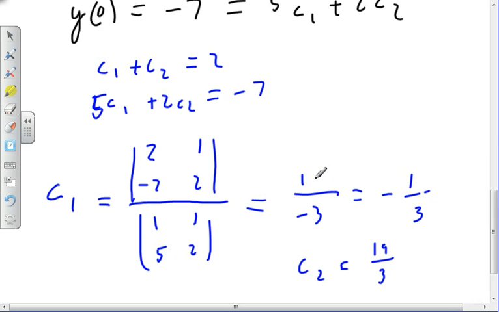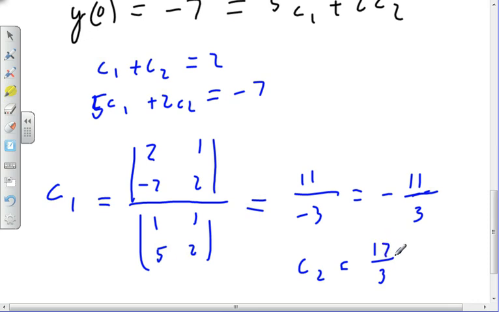All right, 11. That's minus 11 thirds, so c2 is 17 thirds.